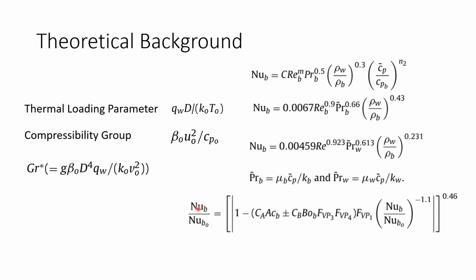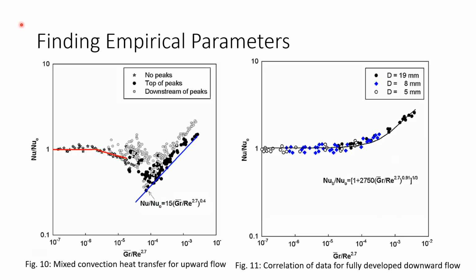And this ratio of the Nusselt number while considering the buoyancy force and without the buoyancy force, which is the case in the upward and downward flow, can be expressed using this equation. So finally, these empirical correlations were verified for the fluid flow.